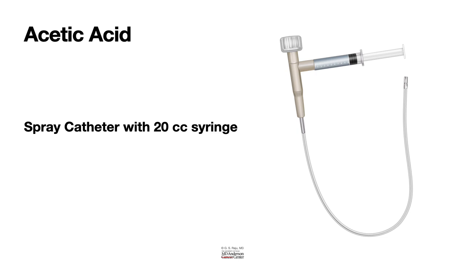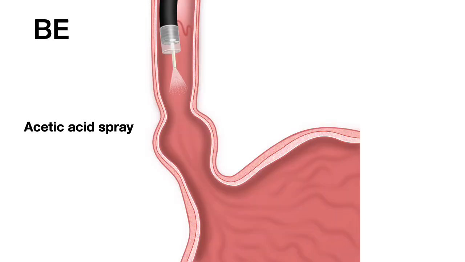When it comes to patients with Barrett's esophagus, BE, you take the catheter and put it through the endoscope, go to the distal end of the esophagus, close to the gastroesophageal junction, and start spraying the acetic acid from the distal end to the proximal side.